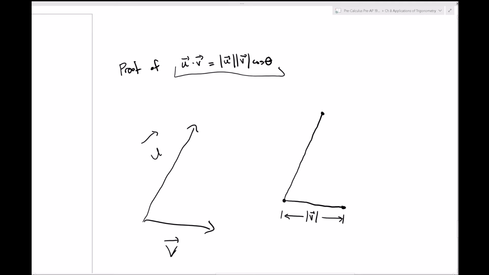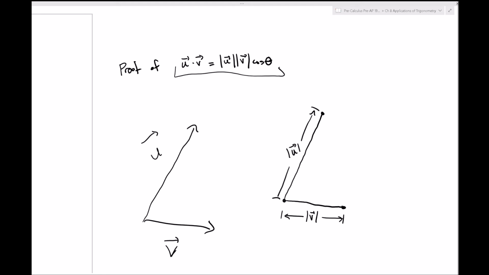The side length here is the magnitude of U. The vector itself is the line segment with the arrow, but the magnitude would just be the length of the arrow itself.